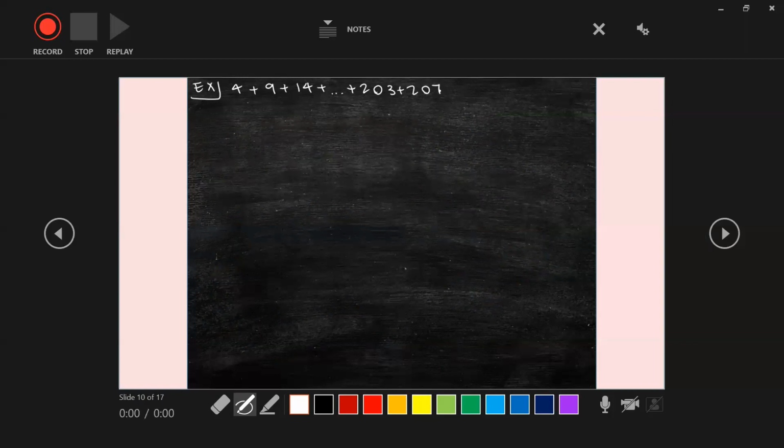So take a second, try and identify what terms you can. Use your formula and see if you can find n, a sub 1, and a sub n.